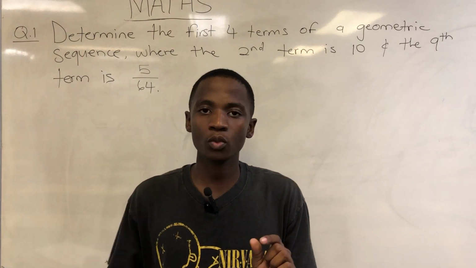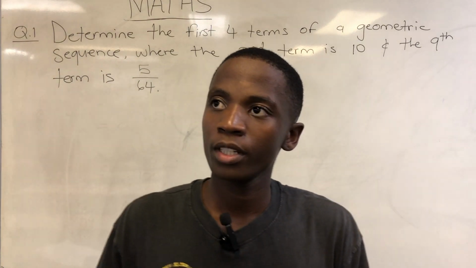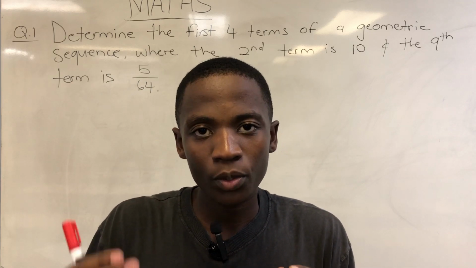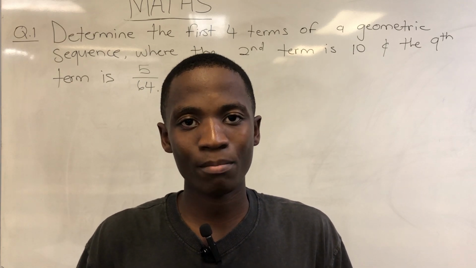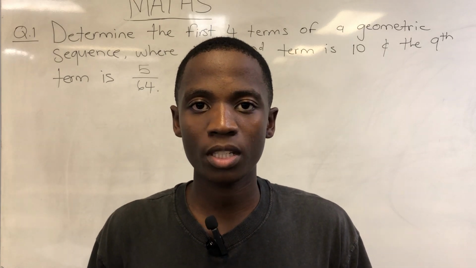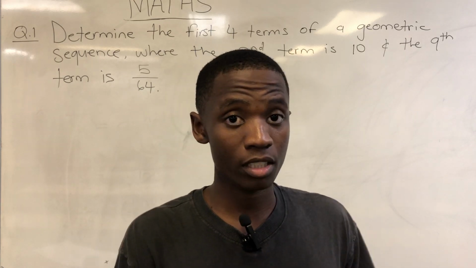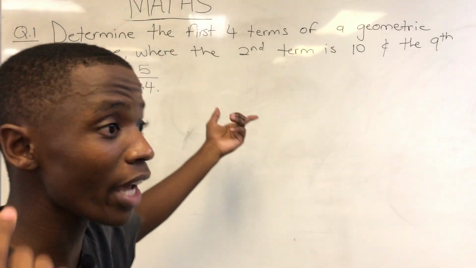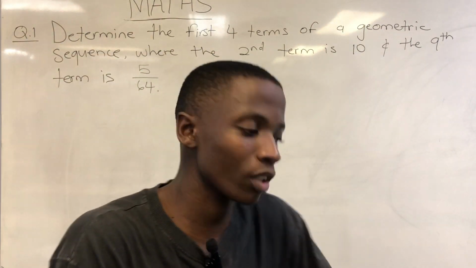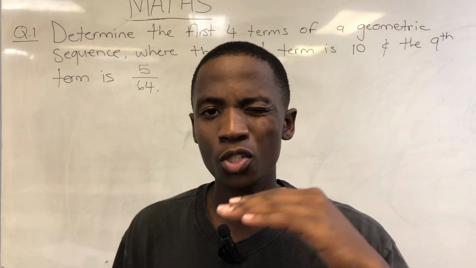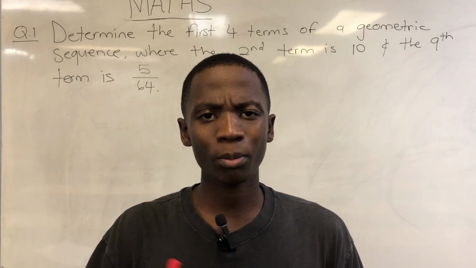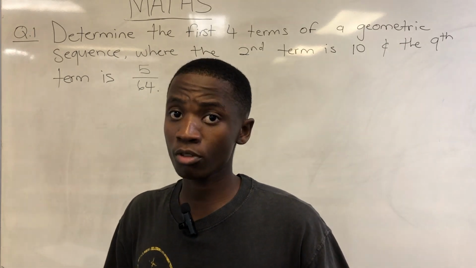One of the main things that you have to master, guys, is that in order for you to get the terms in a geometric sequence, we have to first get R, because we don't even have R, the common ratio, in order for us to get the resulting term. So let's look at R, okay? In order for us to get R is to multiply and divide when moving backwards.